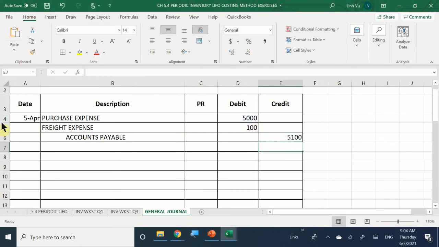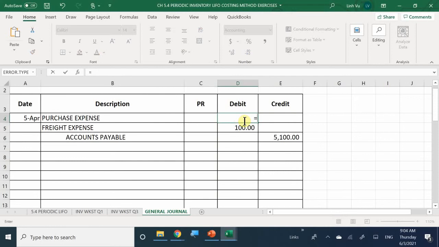All right. So yesterday we talked about what you can do here. You can type everything in if you want to. If it's not as easy as 1,000 times 5, you can go ahead and actually type in here that you purchased 1,000 times $5, and you'd still get the same exact result.